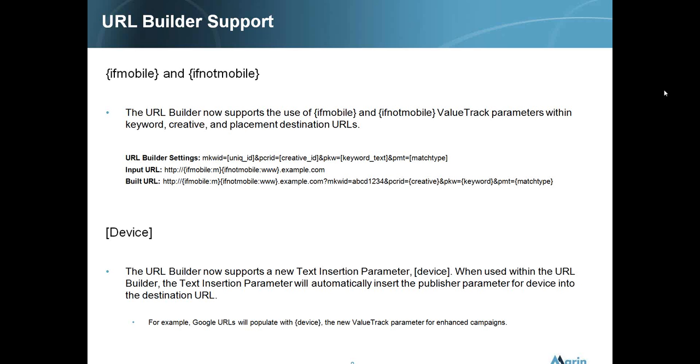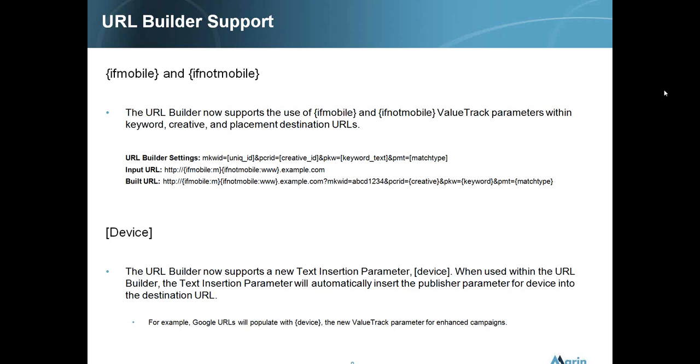So for example, Google will be squiggly bracket, device squiggly bracket. For many of you, you may have just updated the Google URLs with the squiggly bracket device parameter, but if you were using the same settings across publishers and you use this square bracket device parameter, then Marin's URL Builder will automatically update it to the publisher-specific device parameter. So again, this is an update we've made within our URL Builder.